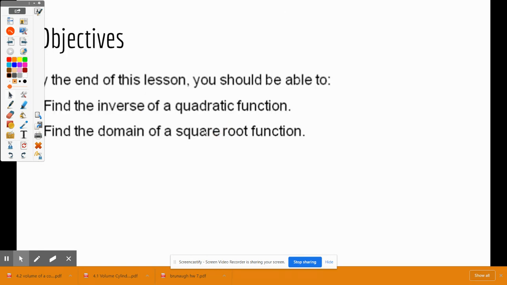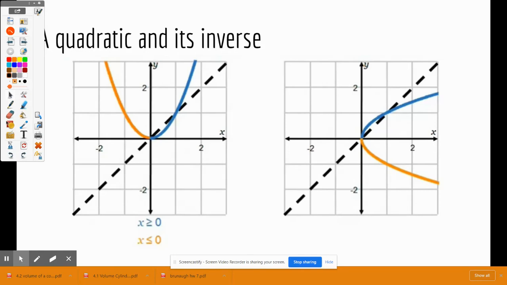So that's kind of what we're going to be looking at today. You're going to find the inverse, and we're going to talk about domains because domain will be a little bit tricky. Okay, so a quadratic and its inverse. Don't forget that it reflects over the line y equals x. They have a y equals x line here, and they show how it reflects. Now, if you look at just the blue piece, it would just go to here. And if you just looked at the blue pieces, it would be 1-to-1.